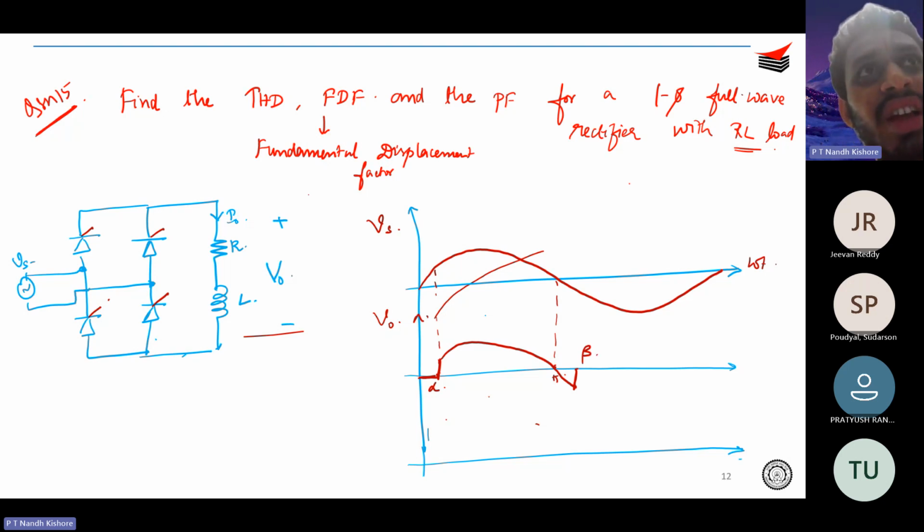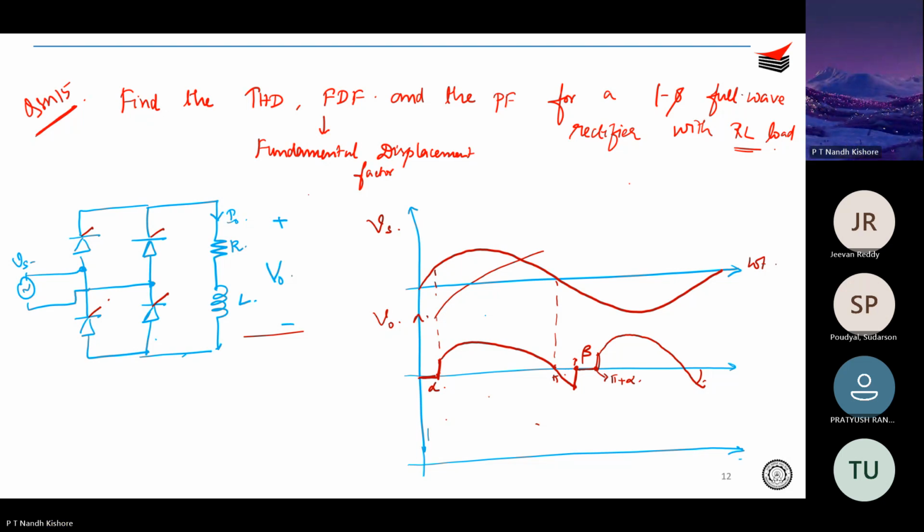Beta is your extinction angle. And then there is again your pi plus alpha. Of course, this is not to scale, but still I think you understand. Okay, just need to plug in.